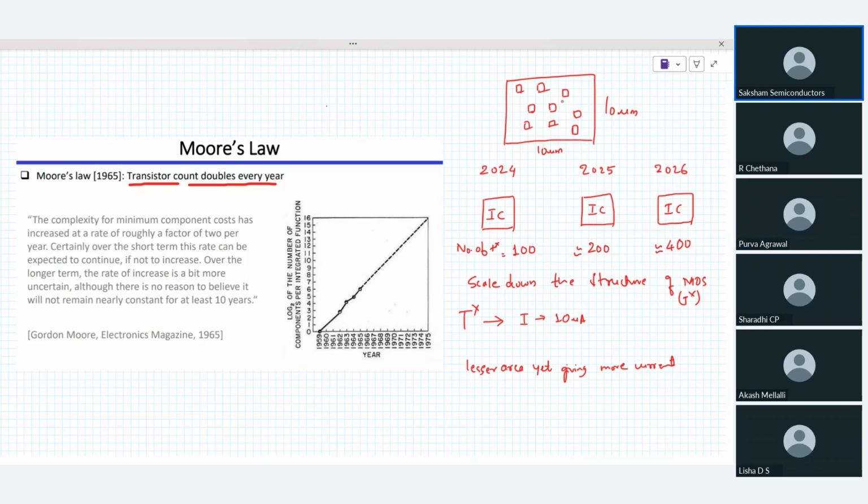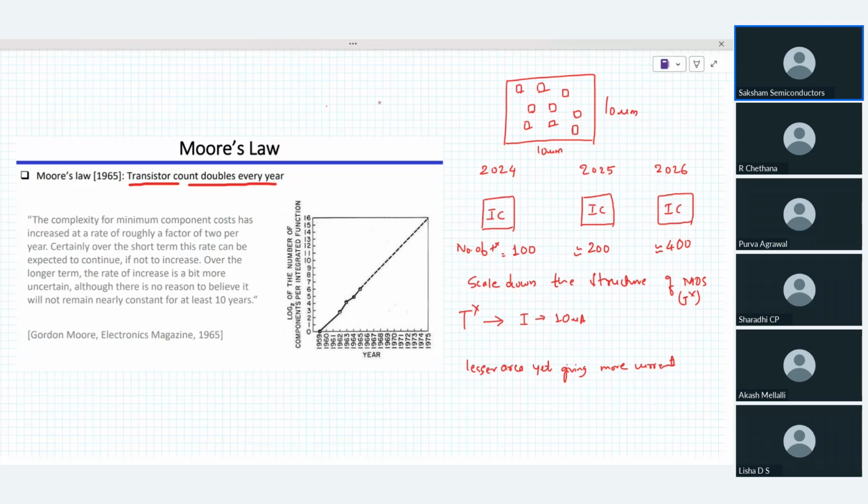And when I place more ICs, what does that mean? The performance is automatically increasing. That means with the effective area remaining the same, I am still able to increase the number of transistors on the same area. Thereby, it is going to enhance the performance.